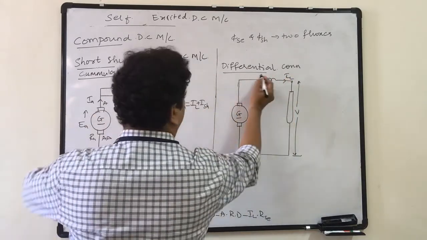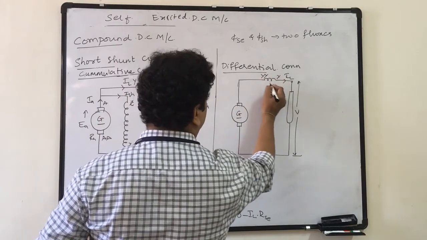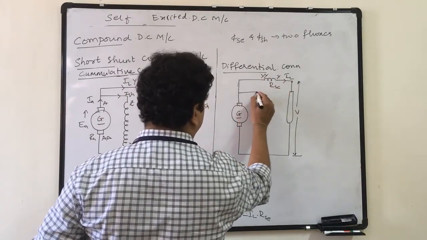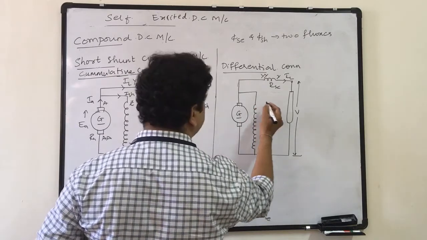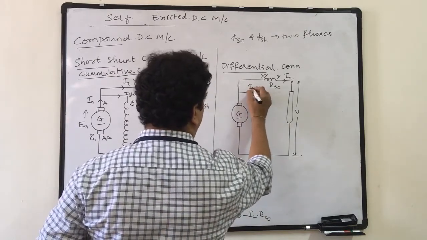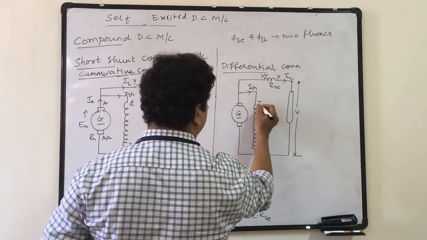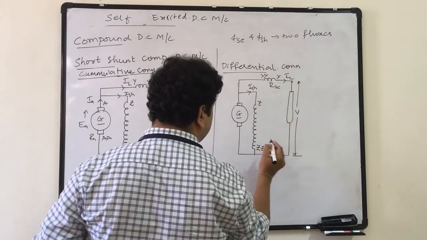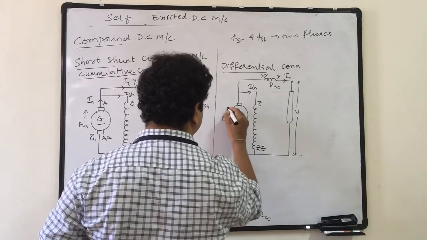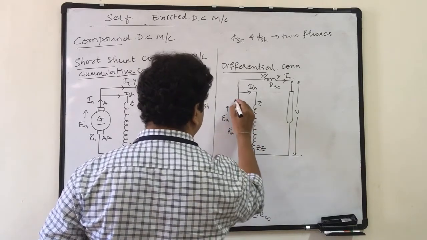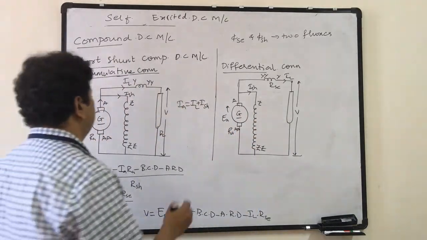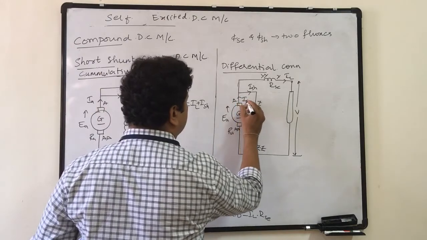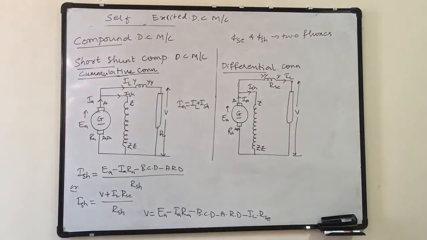Now it is Y, YY, I will write YY and Y. Please don't change the connections of both. Again it will become cumulative only. So this is my differentially connected short shunt DC machine.